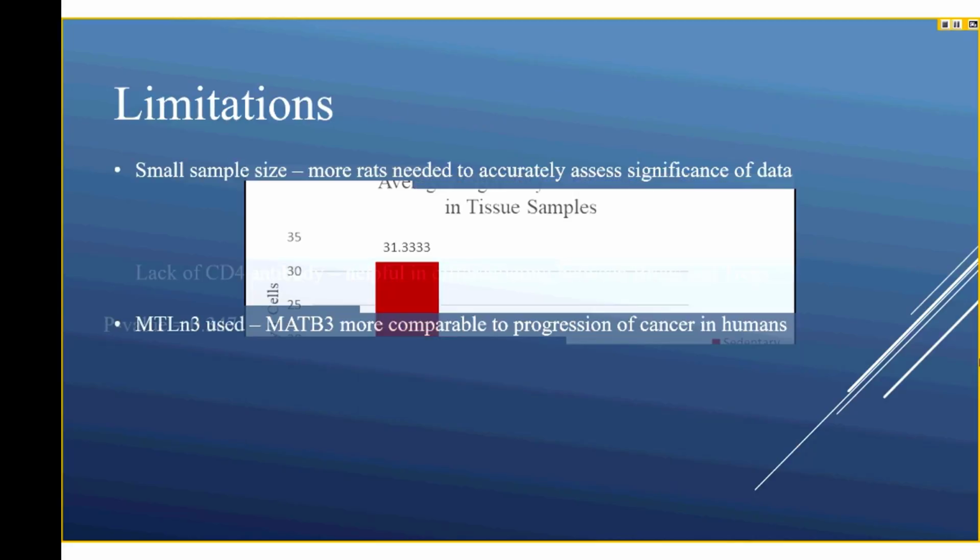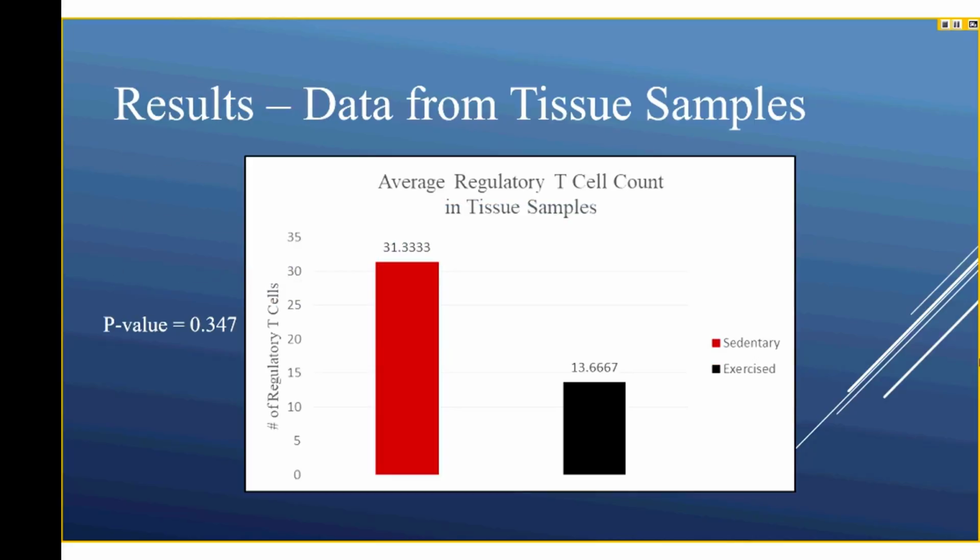So basically, while none of our data has statistical significance, there is a trend of exercise animals having decreased T-reg counts. With an alpha value of 0.05, we fail to reject our null hypothesis, which is that these T-reg values will be the same in both cohorts.